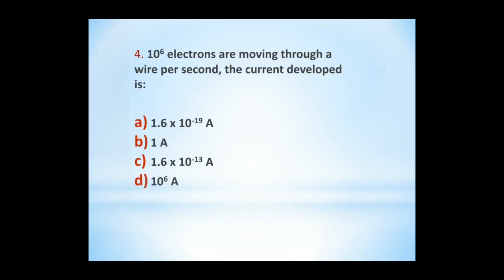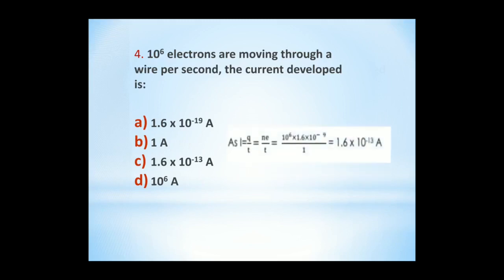So in the given question, we have 10 power 6 electrons. This means the number of electrons is 10 power 6, which are moving through a wire per second. Per second means we have time, and time is equal to 1 second. We have to find the current through the wire.